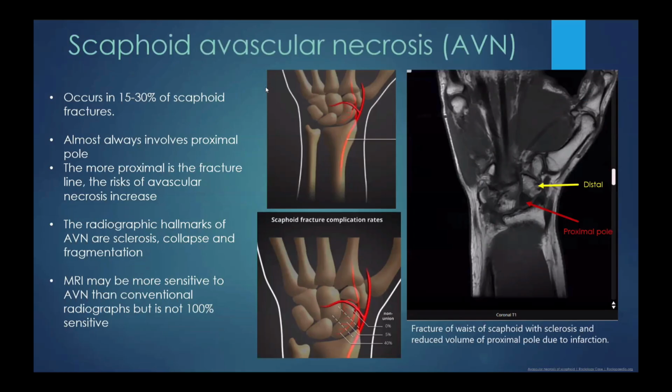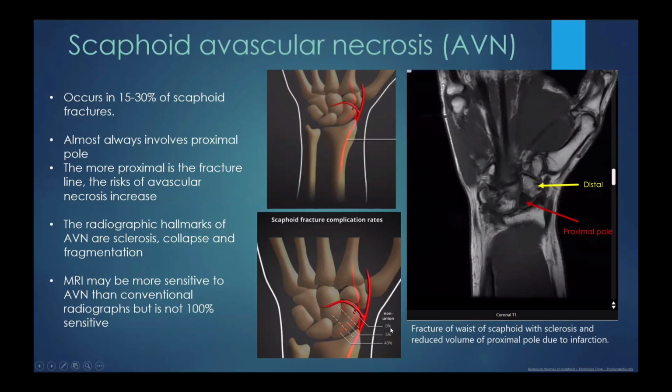The more proximal the fracture line, the more the risk of avascular necrosis and non-union increases. This diagram shows if the fracture is in the proximal pole, see how much the non-union risk and avascular necrosis increased. In the middle pole, it decreased, and in the distal pole is the best outcome.